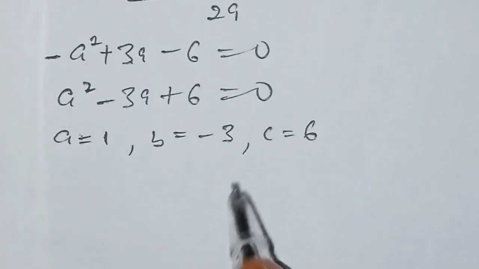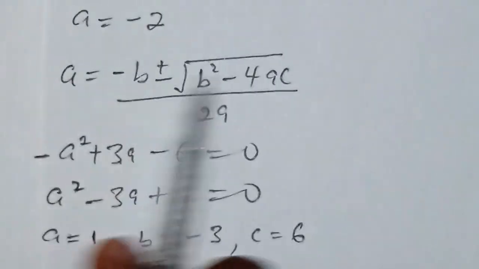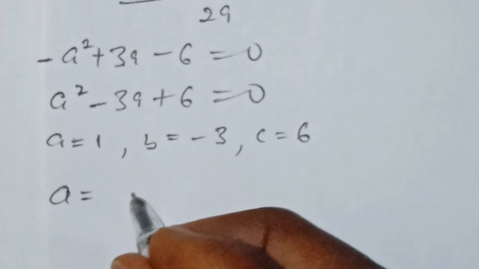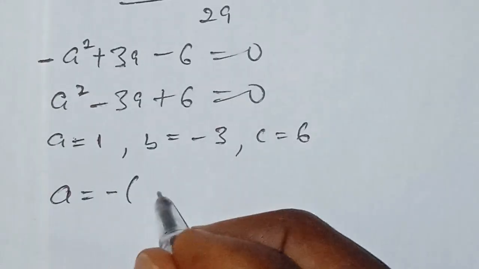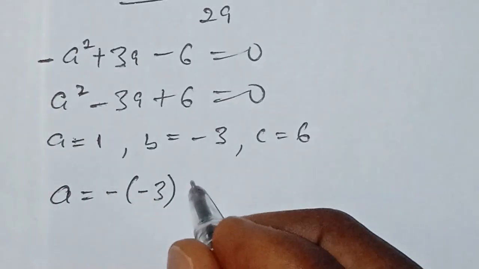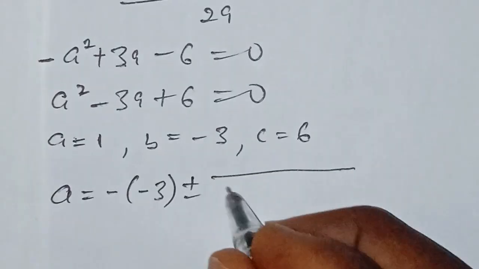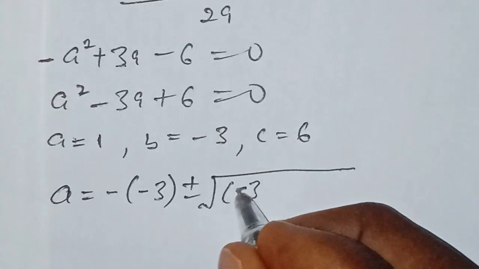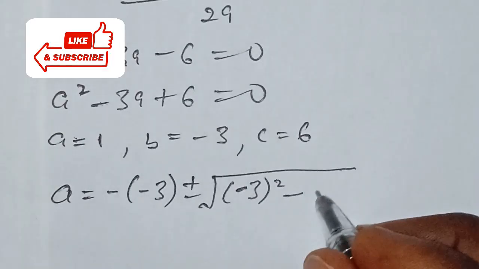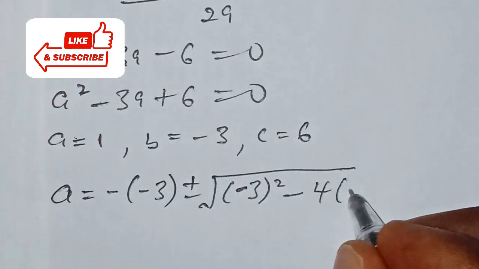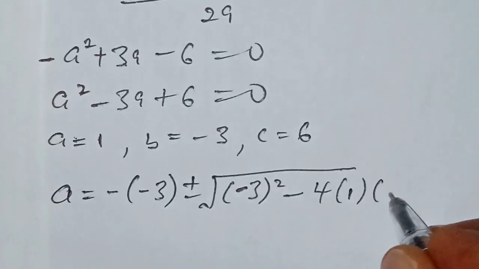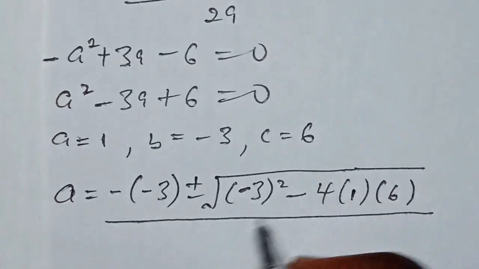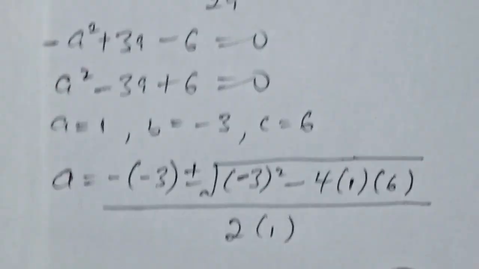So using the quadratic formula, we now have a equal to minus into bracket minus 3, plus or minus the square root of minus 3 squared minus 4 multiplied by 1 multiplied by 6, everything over 2 multiplied by 1.